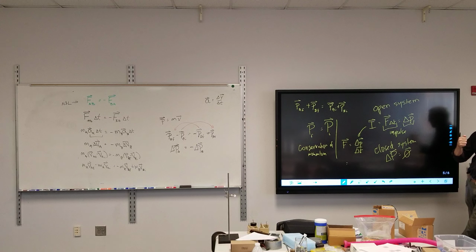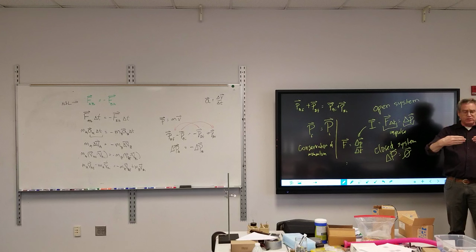If I have two objects colliding in a closed system, the force that they exert on each other is going to change. If I have two objects that aren't touching and they collide into each other, they're going to exert a normal force on each other. So if that normal force gets exerted on each other, it goes from 0 to something, so obviously it's changing.